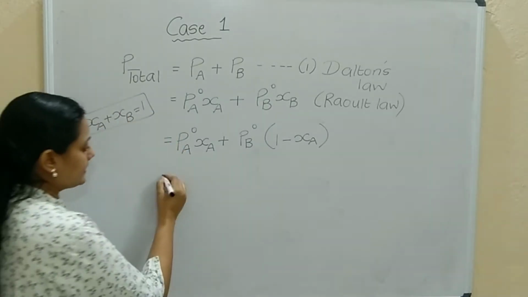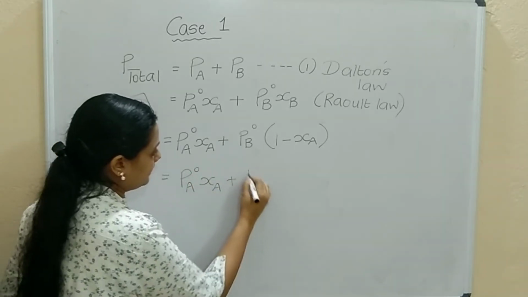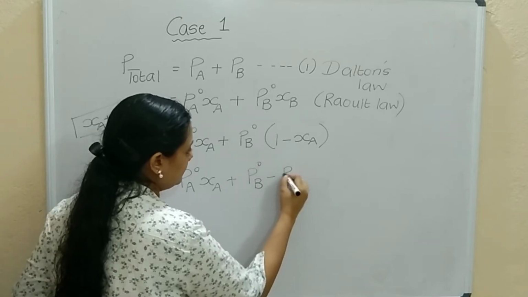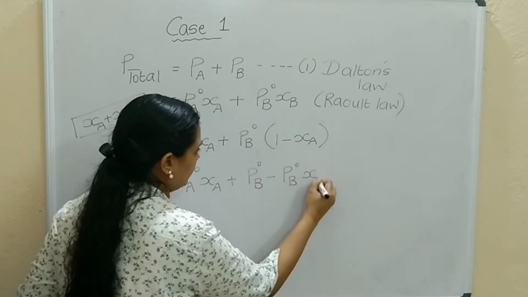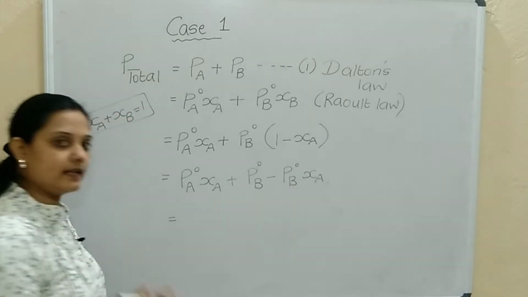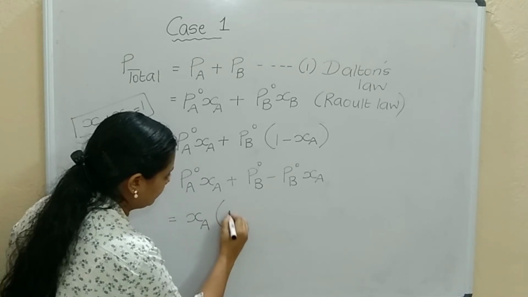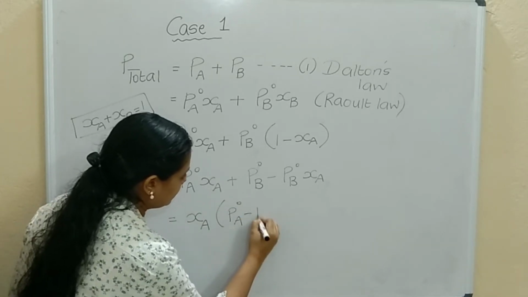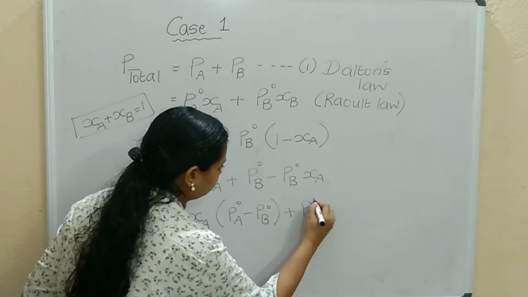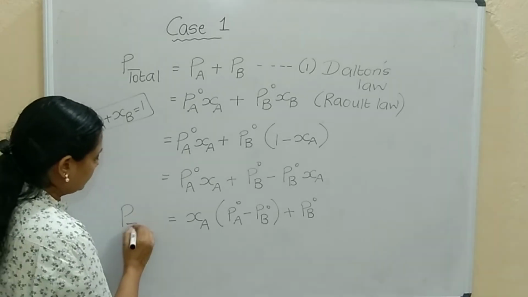Open up the brackets. Plus PB degree, minus PB degree XA. Now from these two terms, take XA common. So we get PA degree minus PB degree, plus PB degree. So this is the third equation.